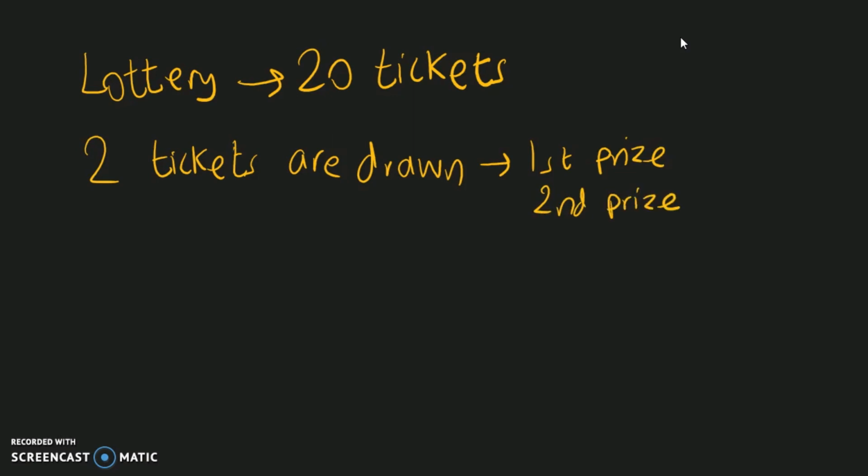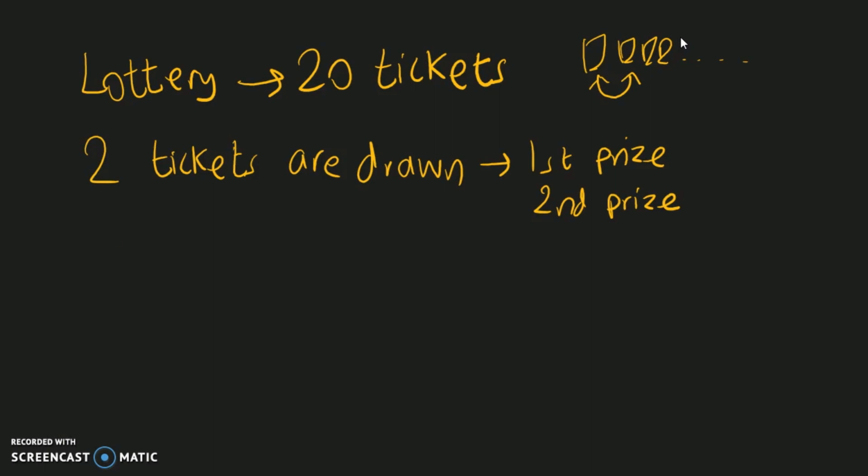So how many possibilities? Let's say there are 20 tickets, and we choose 2 from this, and within these 2 the order matters. Whichever is first and whichever is second, the order matters within the 2 we choose. So there are exactly 2 conditions here. 2 are chosen, and in the 2 we choose, we have to take into account the order in which they are chosen. So in this scenario we use permutations.